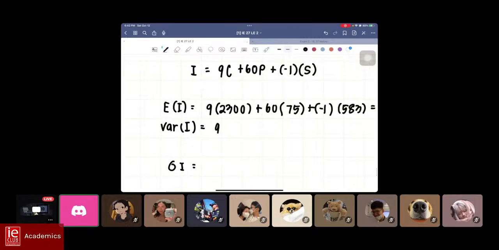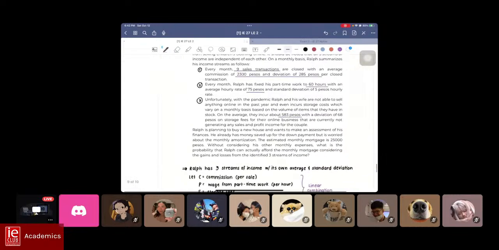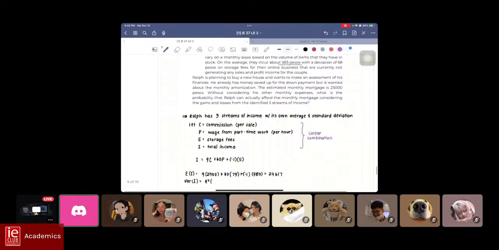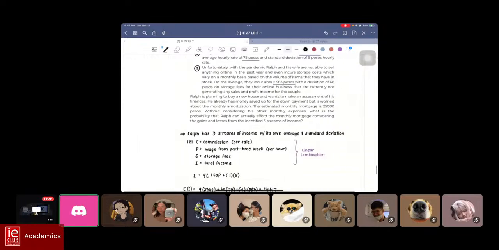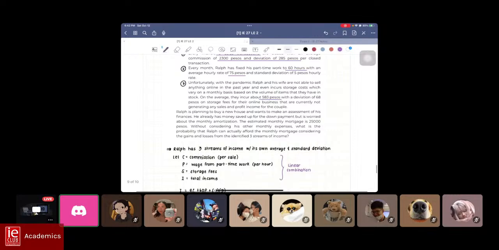This would be 9 squared times the variance. And since we're given the standard deviation, we have to square the value to get the variance. So it says the deviation is 285 pesos. So it would be equal to 285 squared, plus 60 squared times the deviation of 5 pesos.